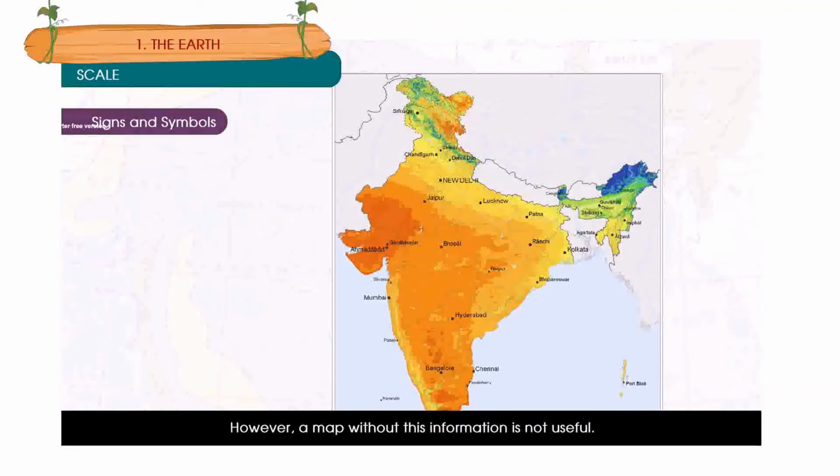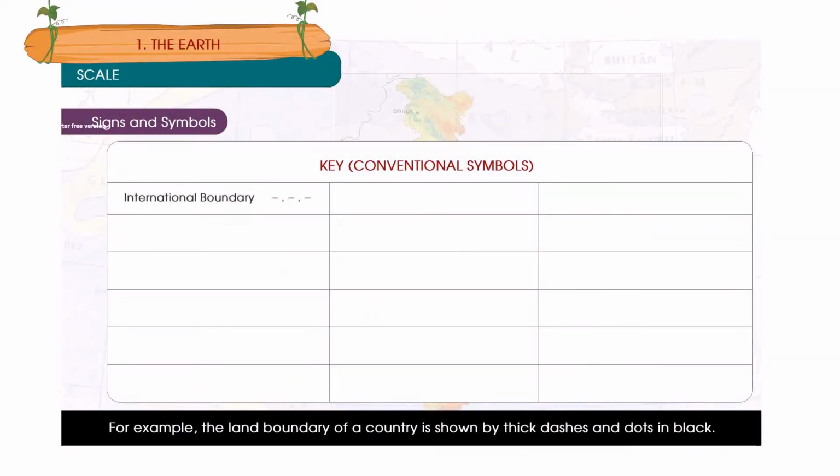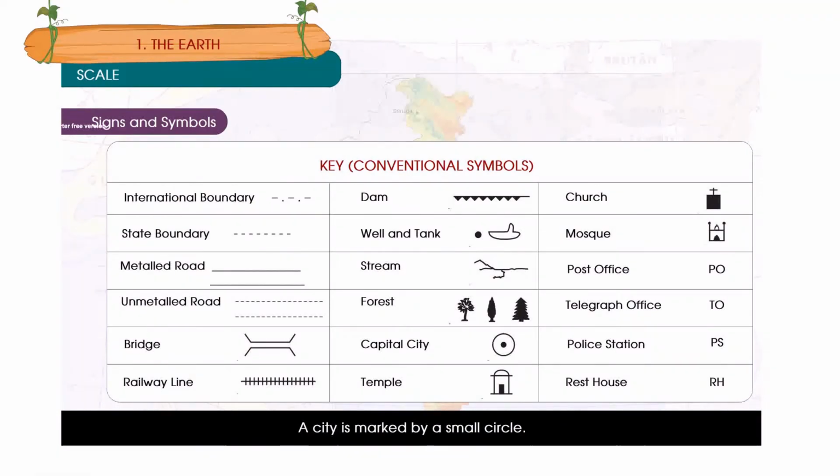However, a map without this information is not useful. Different signs and symbols are used to give information on a map. For example, the land boundary of a country is shown by thick dashes and dots in black. A city is marked by a small circle.